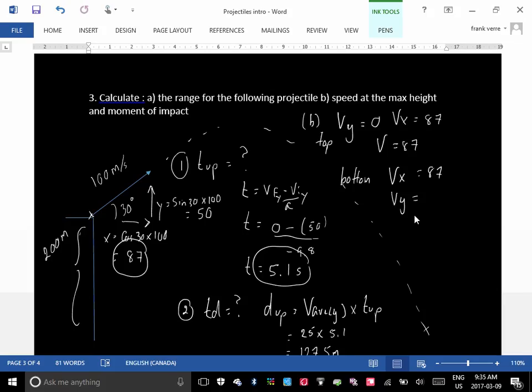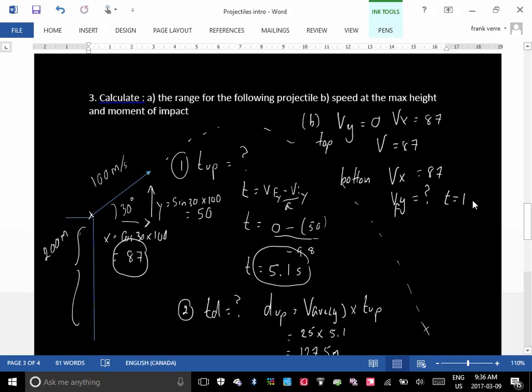Well, do we know how long it was in the air for? Let's see if we can figure it out. That vertical speed would be the final vertical speed, right? It's the speed at the end. So how do you figure out the final speed of an object if you know its time?